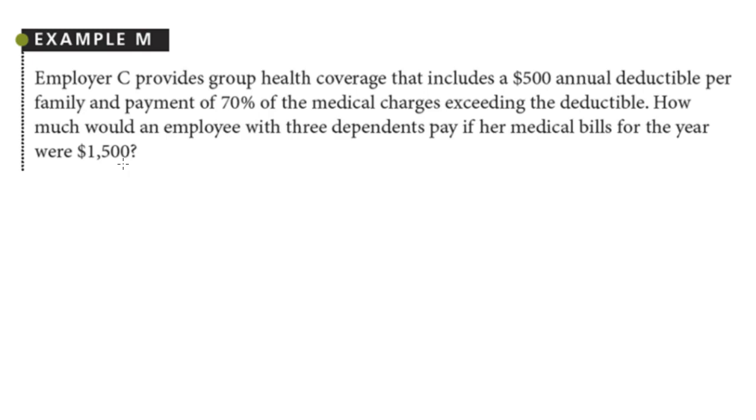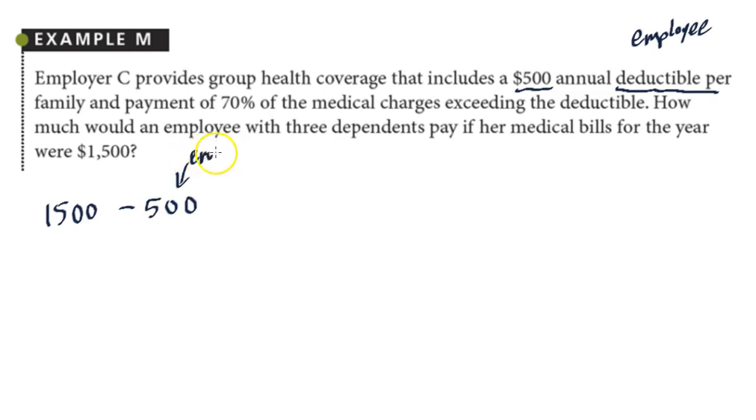The deductible is how much the employee pays at first, pays all of it, and that's $500. So we have 1,500 minus 500, and that's how much the employee is paying. So that leaves $1,000 that the insurance will cover partially, at least.